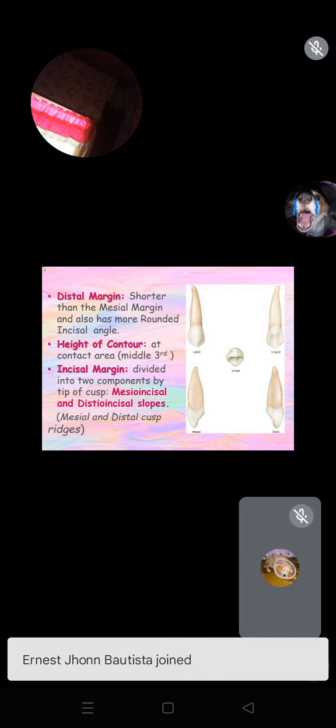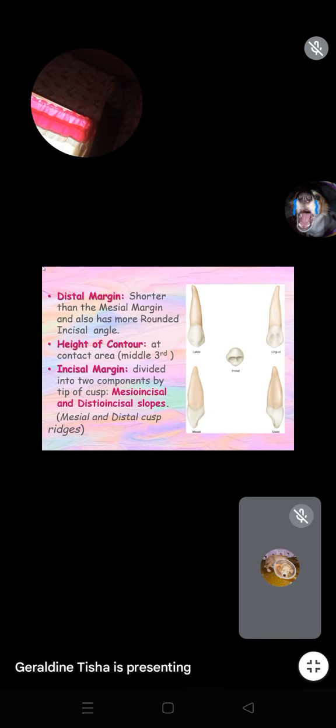Is it a depression or an elevation? Elevation. So it's the greatest convexity, the bulkiest part of the crown, the largest elevation on the crown. That's why we call it height of contour. For the maxillary canine, the height of contour is at the contact area, specifically the middle third. But we'll learn more about this in your oral physiology. It's good to know what height of contour is.